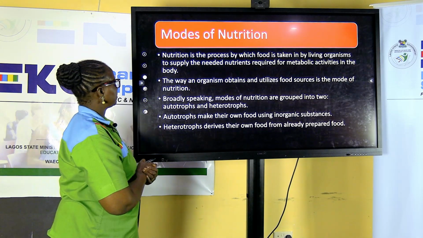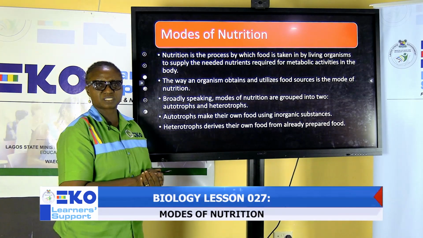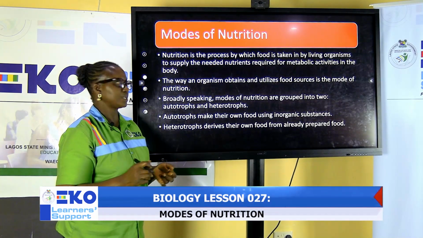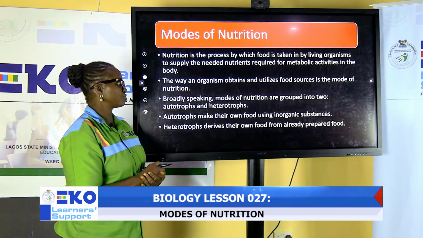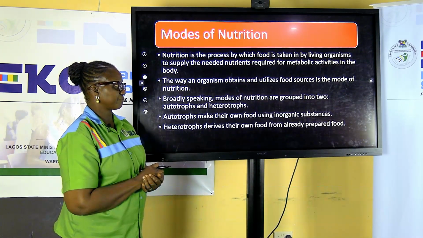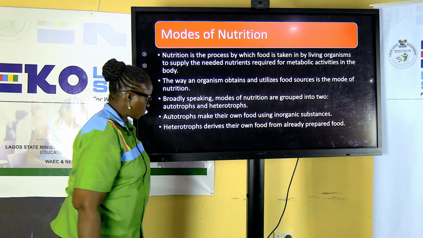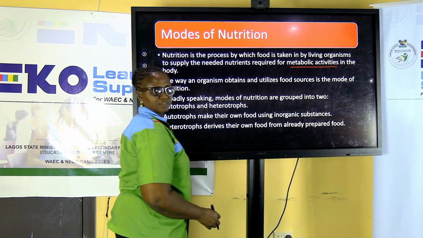Mode of nutrition. What is the concept of nutrition? Nutrition is described as the process by which food is taken in by living organisms to supply needed nutrients that is required for metabolic activities in the body. What do I mean by metabolic activities?